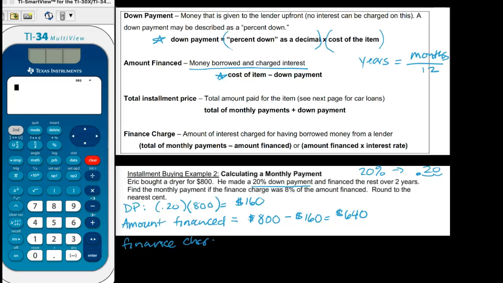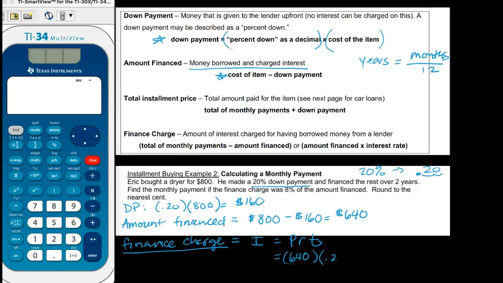That is the interest that Eric needs to pay in exchange for the lender loaning him the money. To find that finance charge, we're going to use interest equals principal times rate times time, the simple interest formula. For principal, we're going to use the amount financed, so we're figuring out how much interest he has to pay on $640.